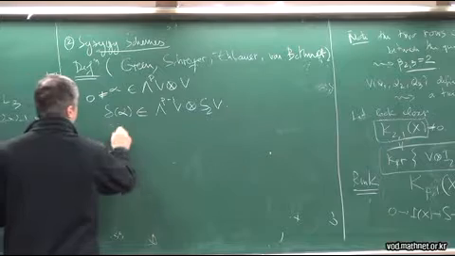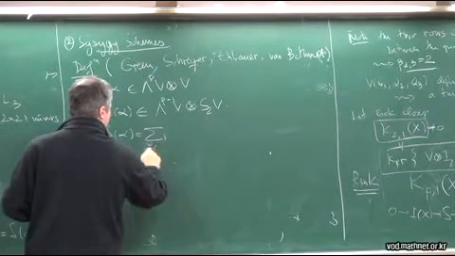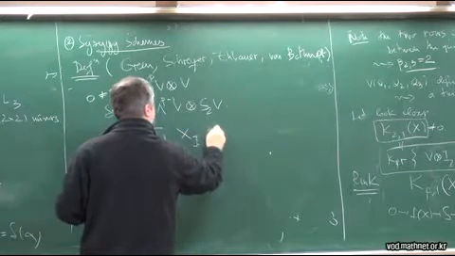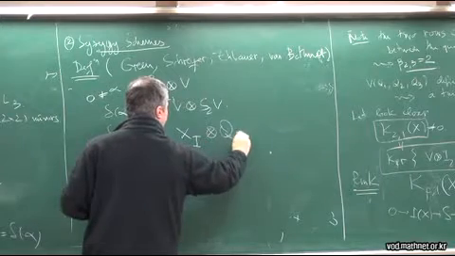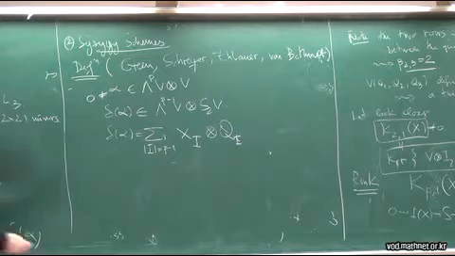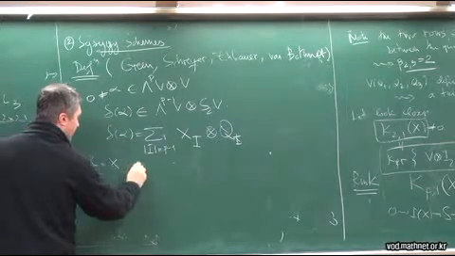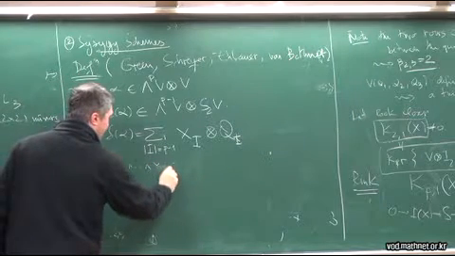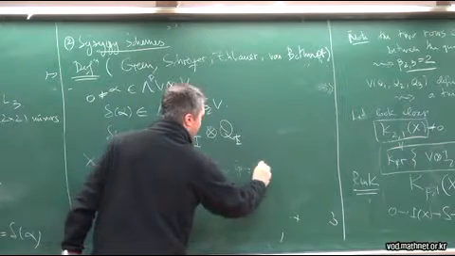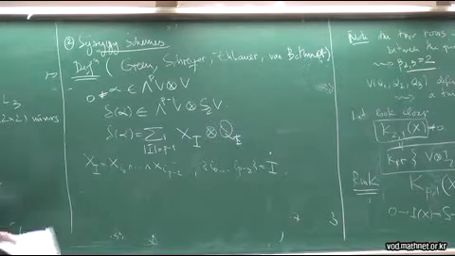So delta of alpha will be a sum over the length of I, this is a multi-index, of xi tensor qi. So this is the usual notation, where xi is xi_0 up to xi_{p-2}.